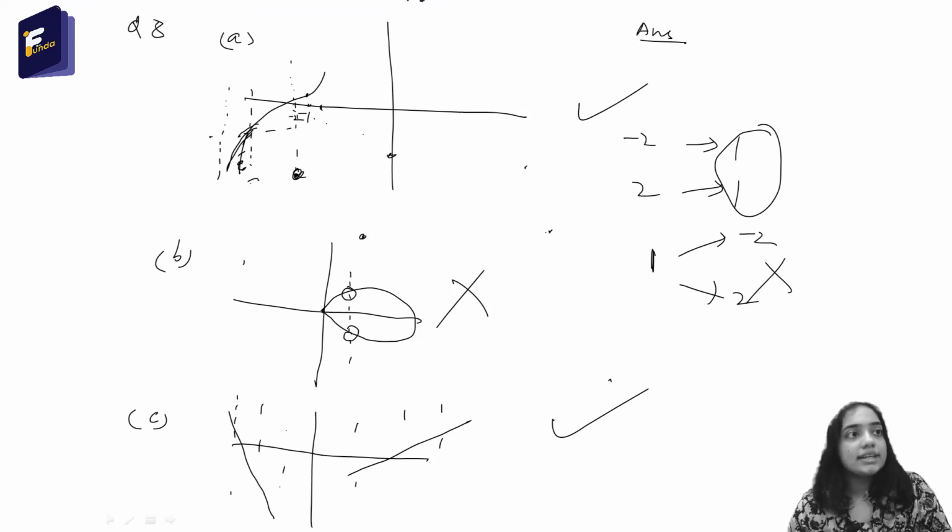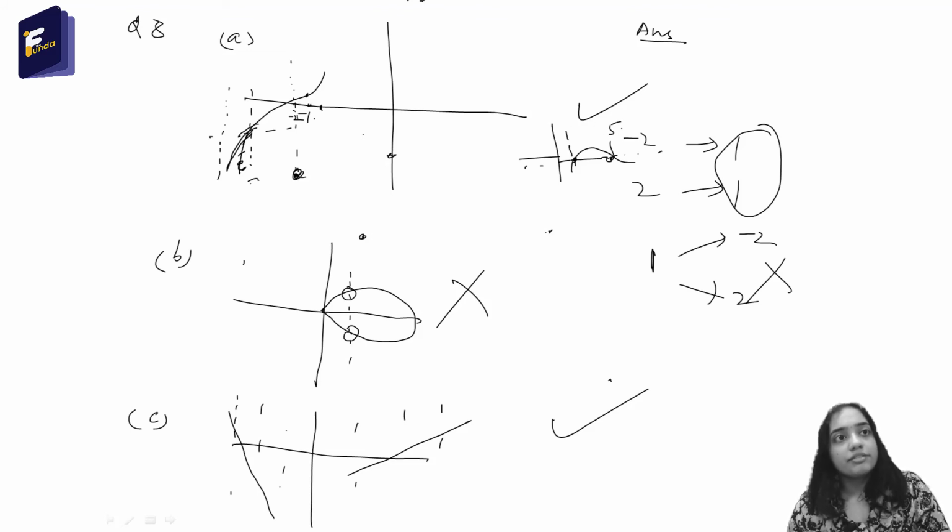If the horizontal line touches the graph at 2 points simultaneously, then that means for two different inputs we are getting the same output. If this is the graph and I am drawing a horizontal line, and this is 1 and this is 5, then at 1 and also at 5 it is giving the same output, say -1.